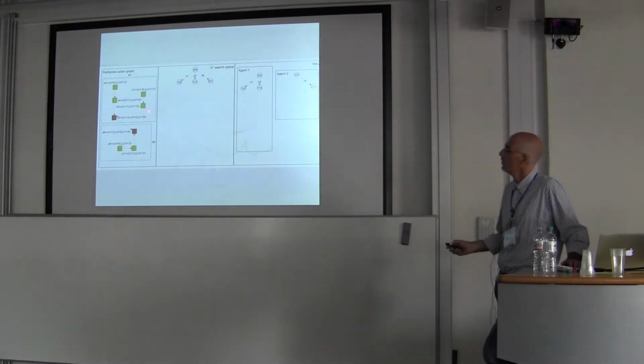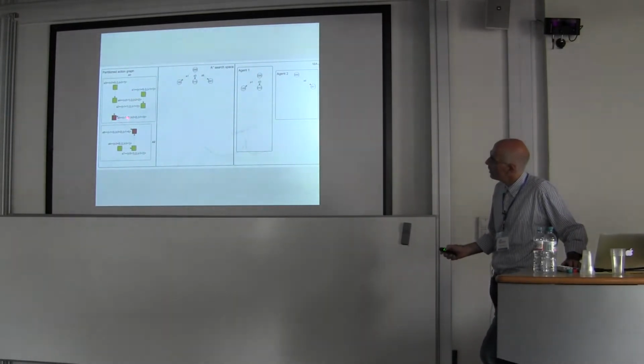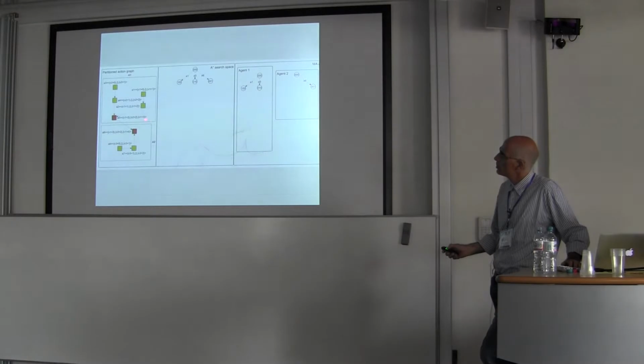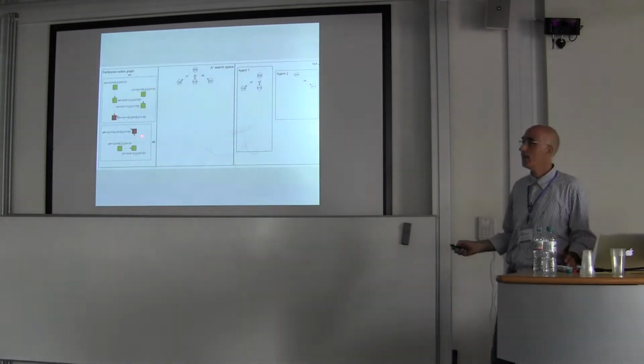formulation of planning. This red action requires that V1 will be 2, V2 will be 2, and then V1 changes to 3. I don't know if you've heard this term, prevail condition is a precondition that is not affected by the action. So you need V2 to be 2 in order to apply the action, but the action doesn't actually impact V2.